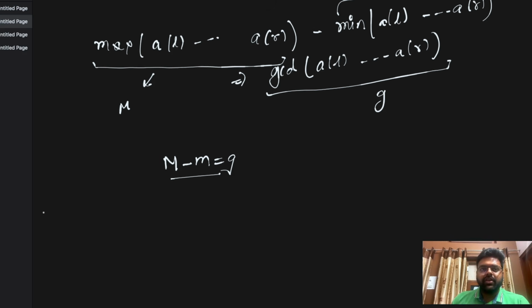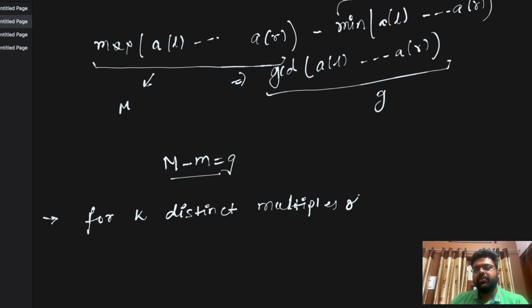Now if I give you a simple statement: for k distinct multiples of G, wouldn't it be a condition that my difference of maximum minus minimum should be at least (k minus 1) times G?